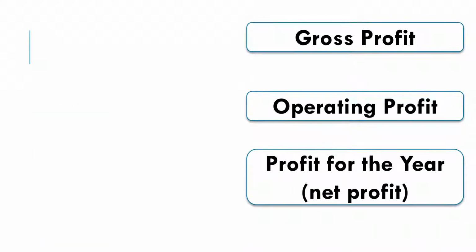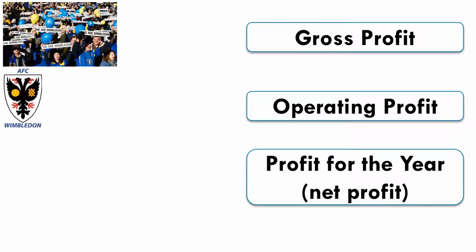Okay, let's have a look at a quick example. We're going to look at, as an example, the single greatest football team going around. So a football club. Now, if we think about gross profit for a football club, revenue will come from the fans buying tickets and buying shirts. And then we need to subtract off the direct costs, the cost of providing that service.